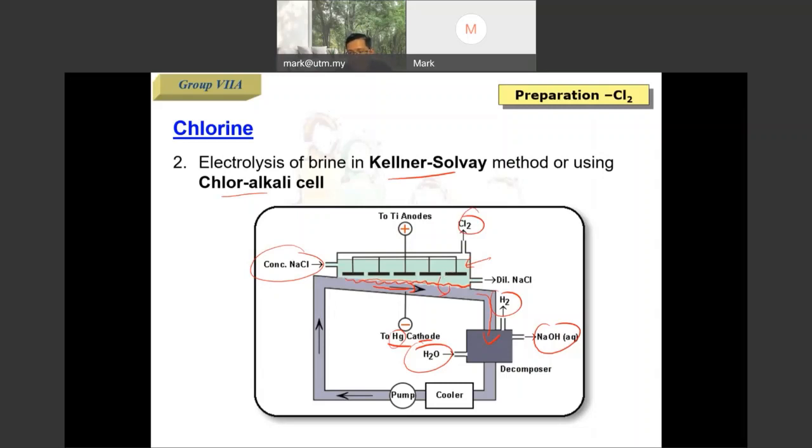In this way, the sodium hydroxide does not react with the chlorine gas, because they can react to form sodium hypochlorite, which is very poisonous and very caustic. So this is one way to prevent it, which is using a permeable membrane.